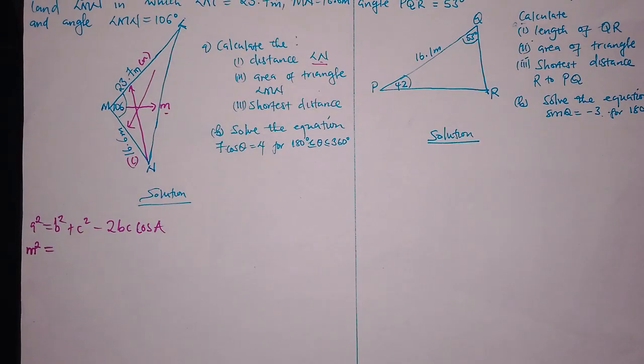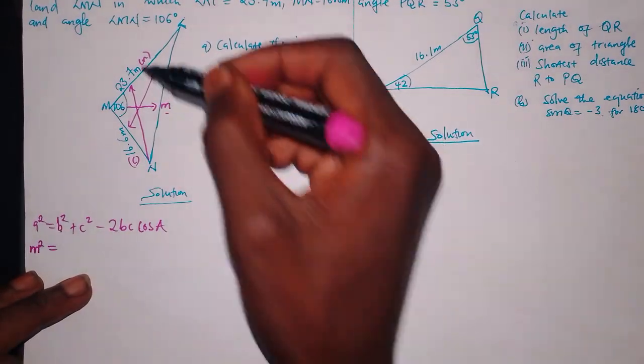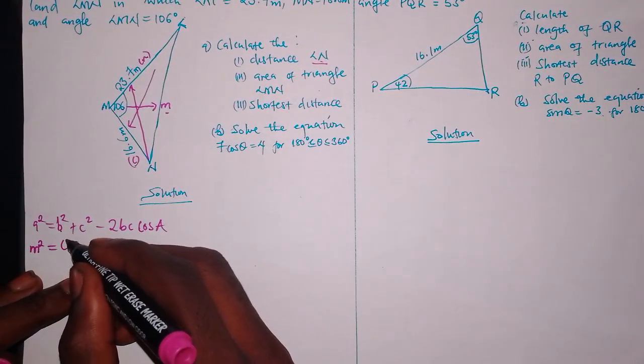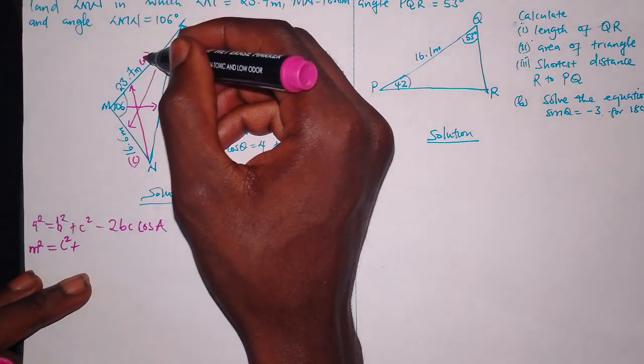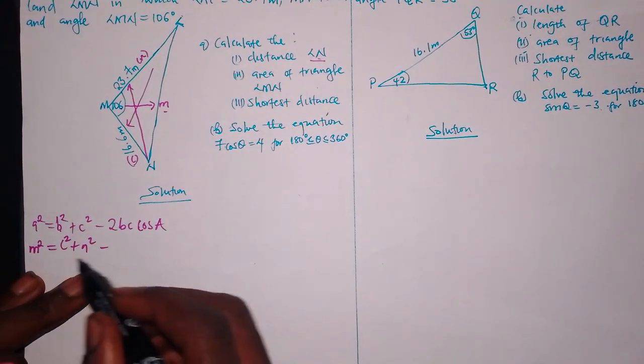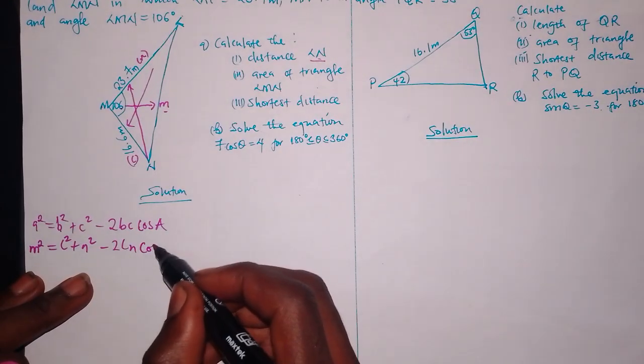Then here there is no need for you to start remembering which letter should I put first, or just put the remaining letters on the other side. So you say now, here where there is B, you can choose. You can either put N or L. So me, I'll put L squared, plus, then where there is C, I'll put N squared, minus the same 2LN cos.